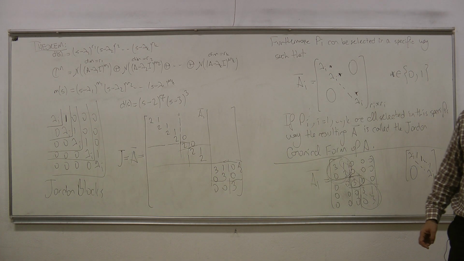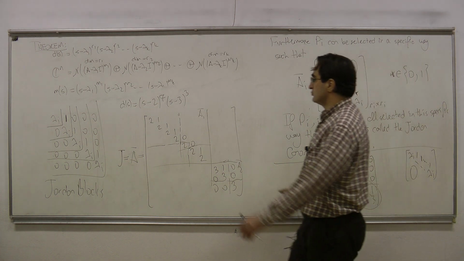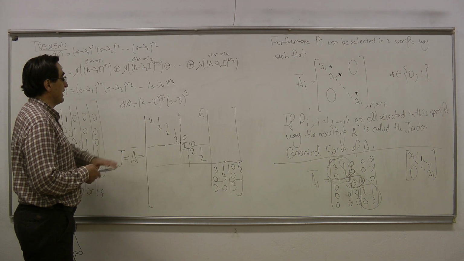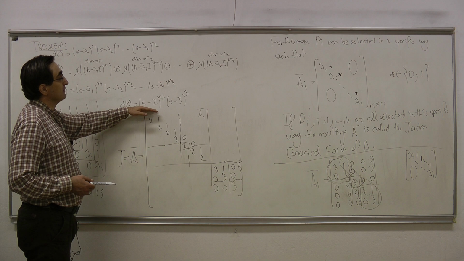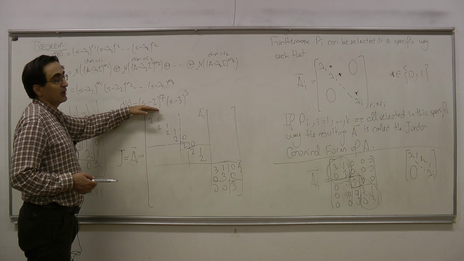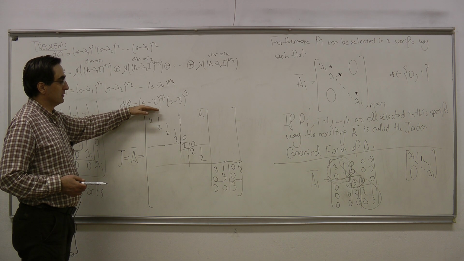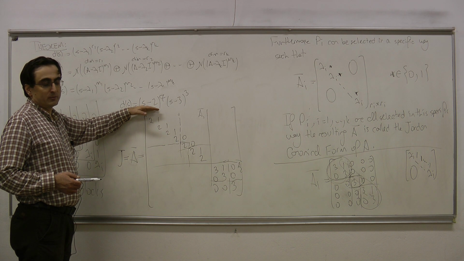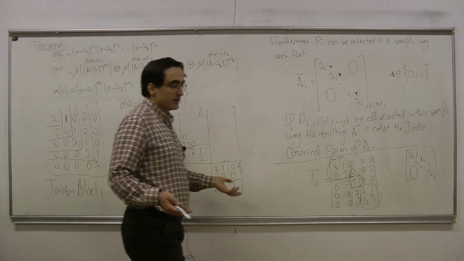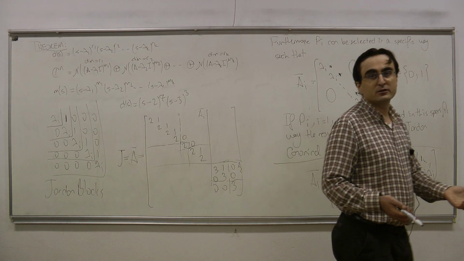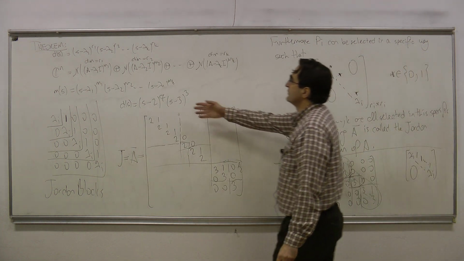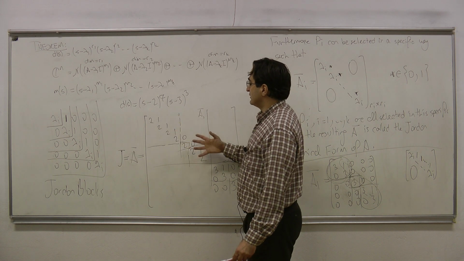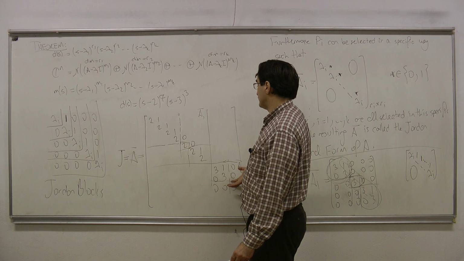Okay? So this is a Jordan canonical form for a matrix which would have this type of characteristic polynomial. Obviously, for the same characteristic polynomial, there are infinitely many matrices having the same characteristic polynomial, and those matrices actually each might have a different Jordan canonical form.